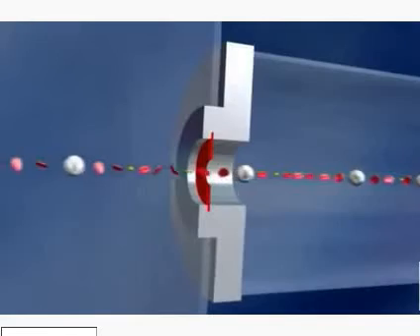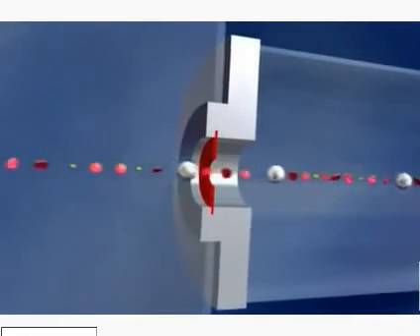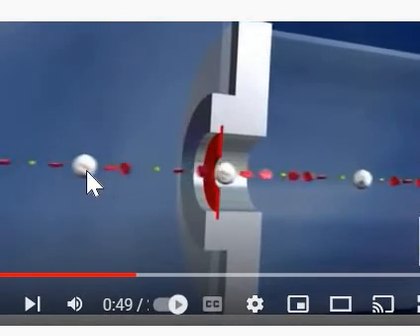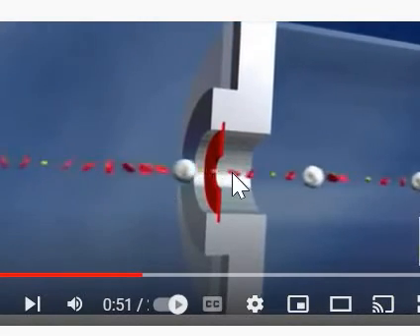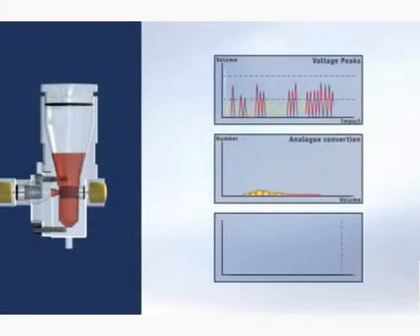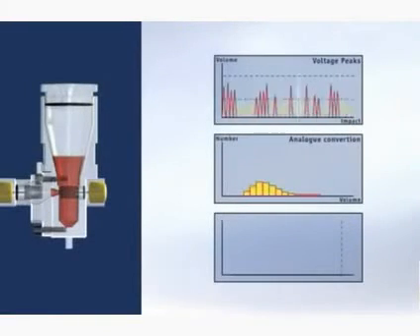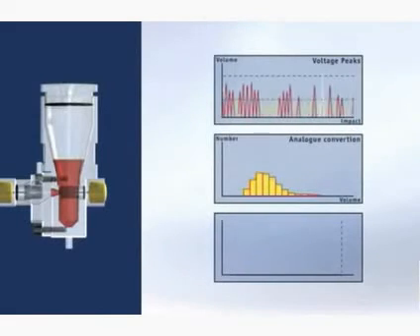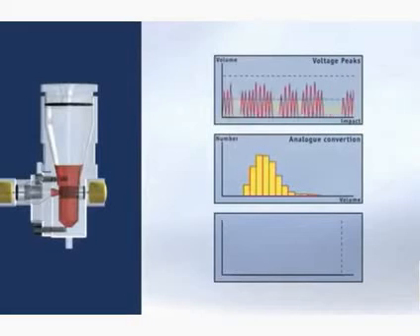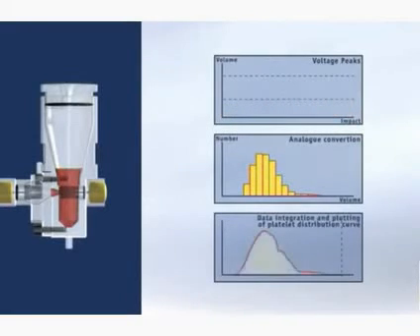As I said, this is a small hole-like structure where only these objects can pass. Whenever a cell passes, it stops conduction. Through that, we can measure all the materials: platelets, RBC, WBC, everything.